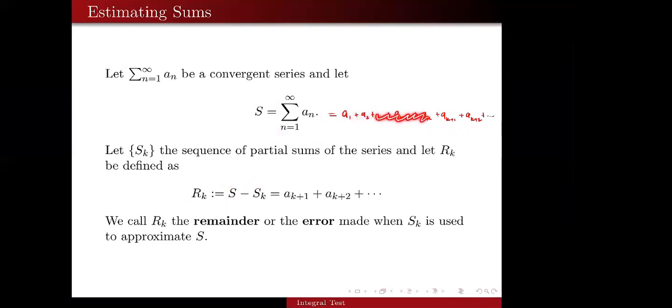So you will be left only with a(k plus 1) plus a(k plus 2) plus a(k plus 3) plus etc. We call this R sub k the remainder, or sometimes the error, when we use S sub k to approximate S. So R sub k is the remainder or the error made when S sub k is used to approximate S.